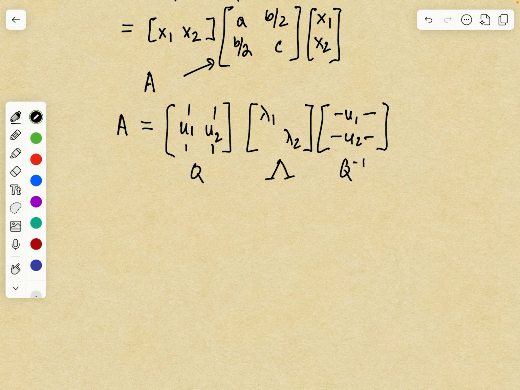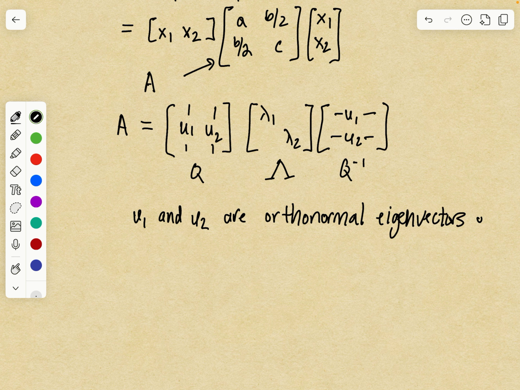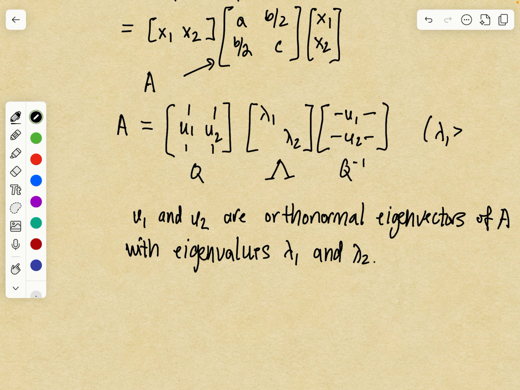So u1 and u2, in this case, are orthonormal eigenvectors of A with eigenvalues lambda 1 and lambda 2. And here I'm arranging lambda 1 and lambda 2 so that lambda 1 is greater than or equal to lambda 2.